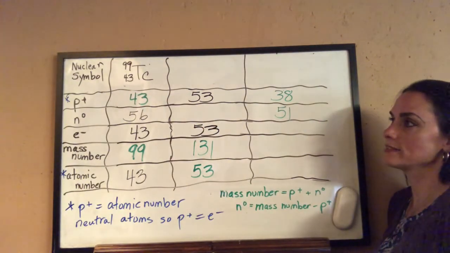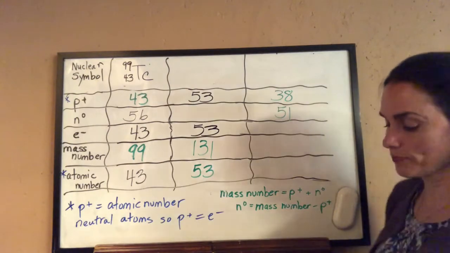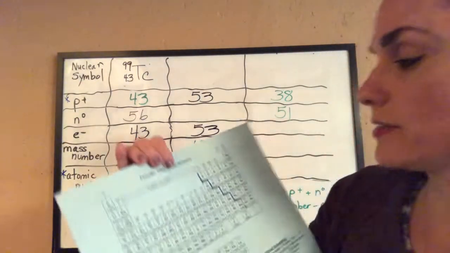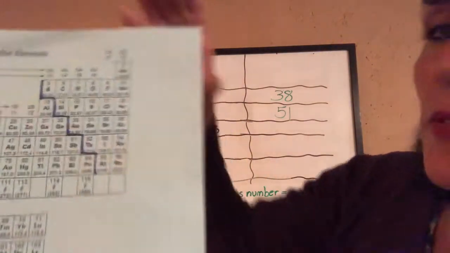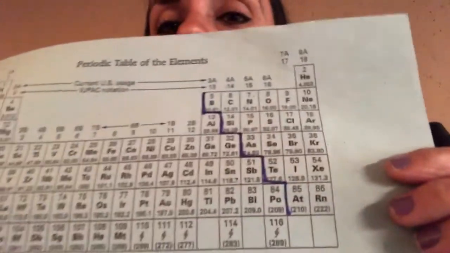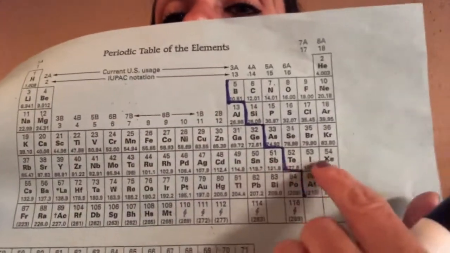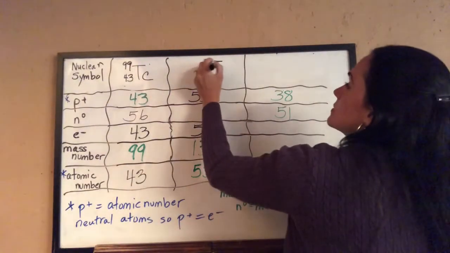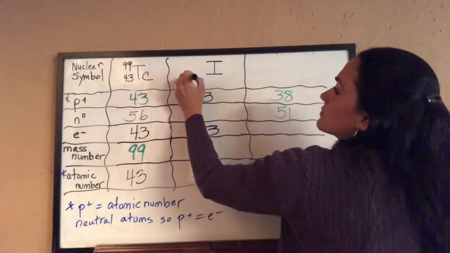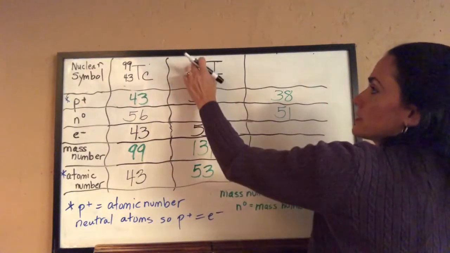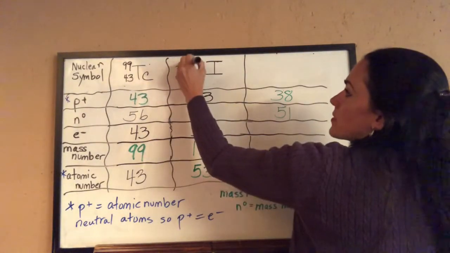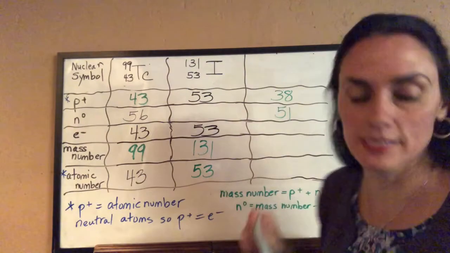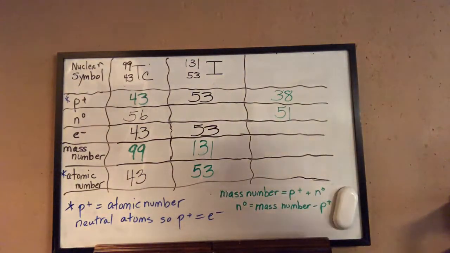Let's write the symbol. Atomic number 53, number of protons 53. Look at the periodic table. It's written in order of increasing atomic number, I for iodine, 53. And what will go on the top will be the mass number. Now the mass number is the sum of the protons and the neutrons.